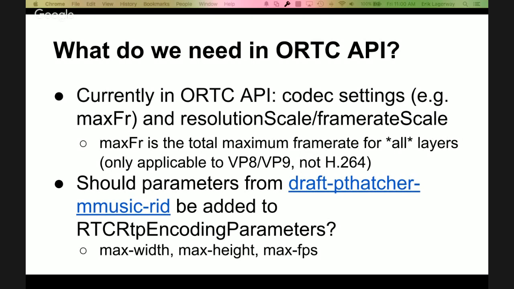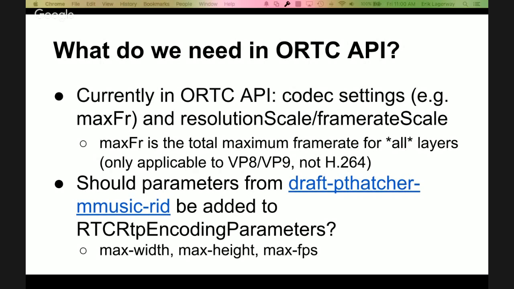So if we decided we were going to have a max width and max height, I would say we should do it, but as a one-of type of thing, where you either set resolution scale or you set max width, max height, and basically they amount to the same thing underneath. It just comes up with some non-cropping, non-padding way of scaling down the input. Right.